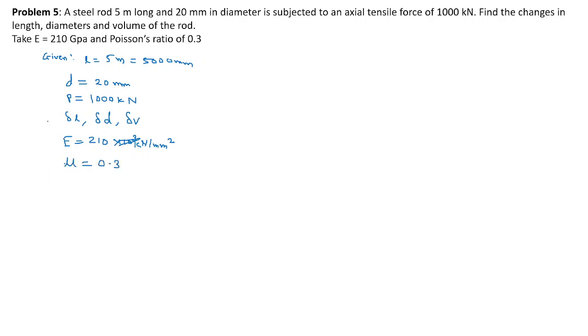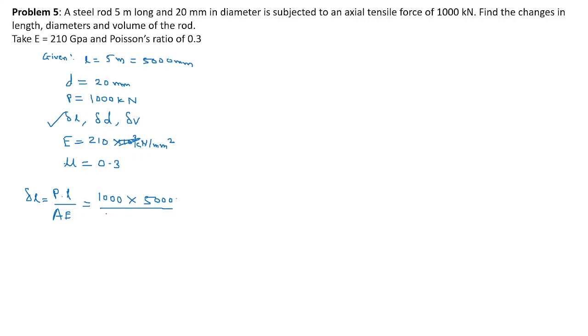Okay, solve for delta L. Delta L has a formula directly, P L upon A E. P is 1000 into L is 5000.